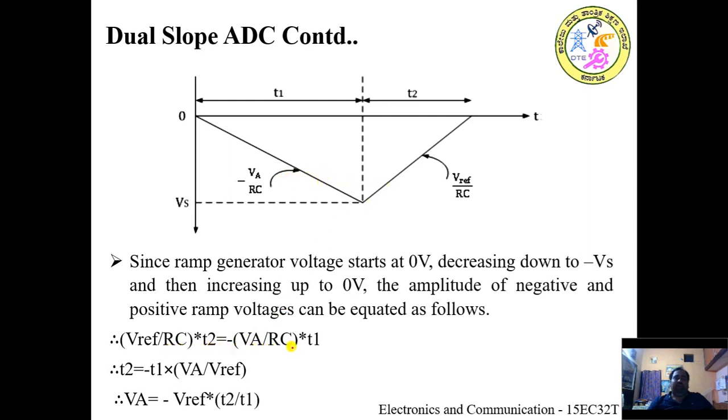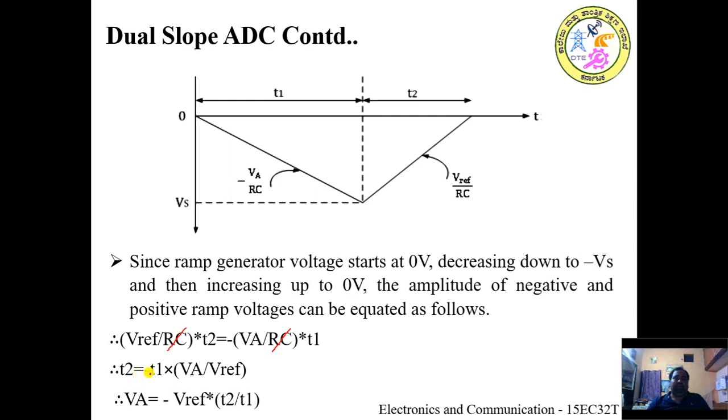Whenever I equate these two, the RC and RC at LHS and RHS will get cancelled, and as we know the count value T2 in the binary counter is going to represent the digital output.